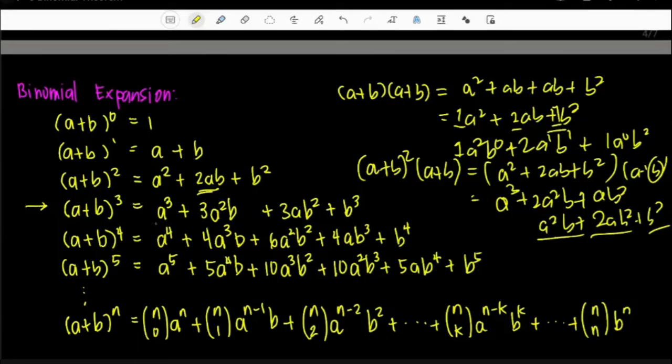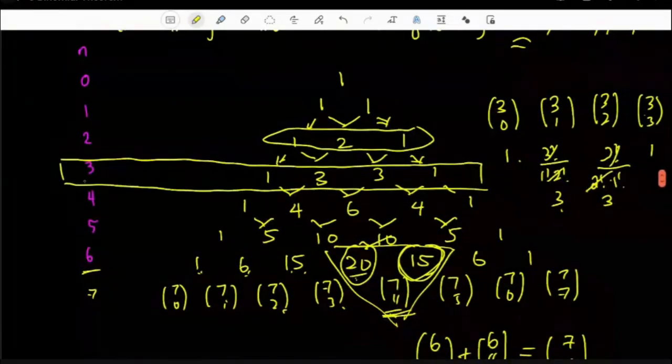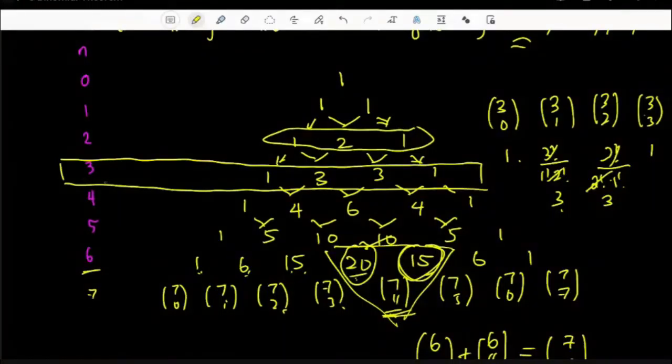So you can imagine there's a b0 here, and then b to the 1, and then b to the 2, and then b to the 3. Now, the coefficients, on the other hand, are 1, 3, 3, 1, and we observe that these appear as the row n equals 3 of the Pascal triangle.